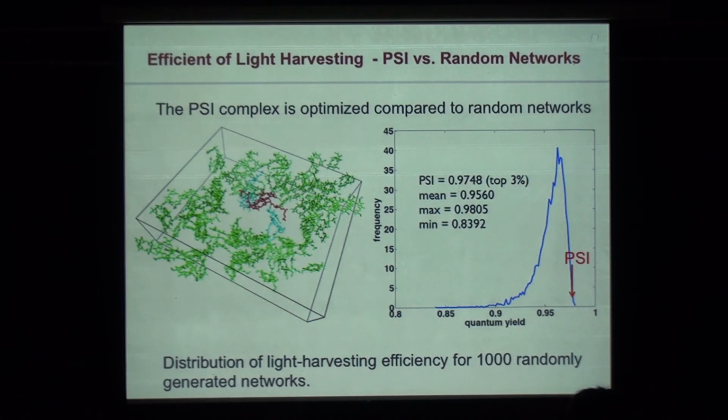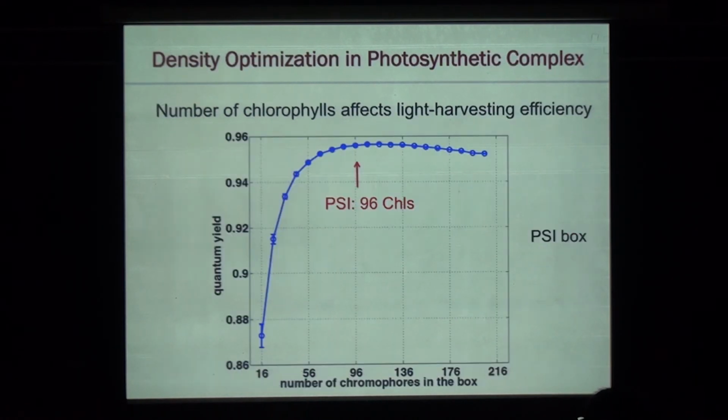And PS1 actually gives quite a high efficiency, 97.5%. It's among the top 3% of those random networks. So they are not that difficult to sample, but indeed they are efficient.